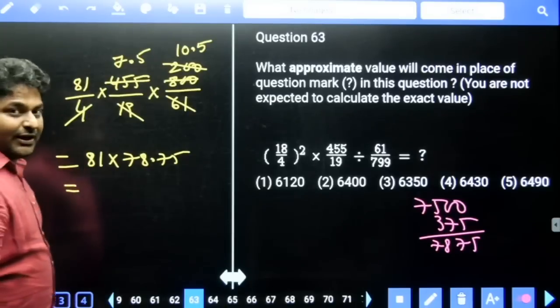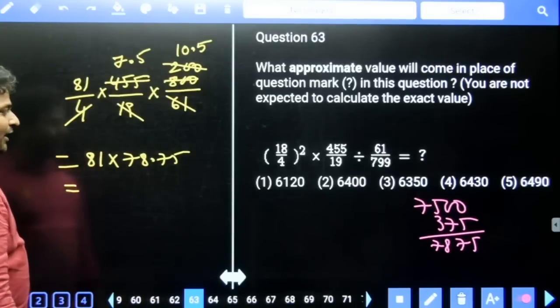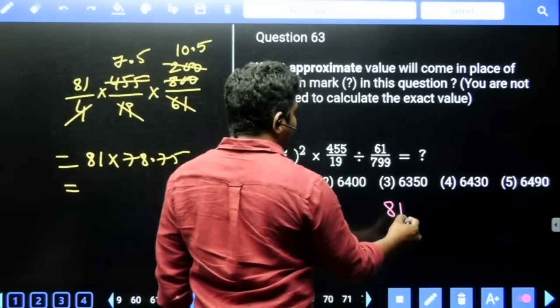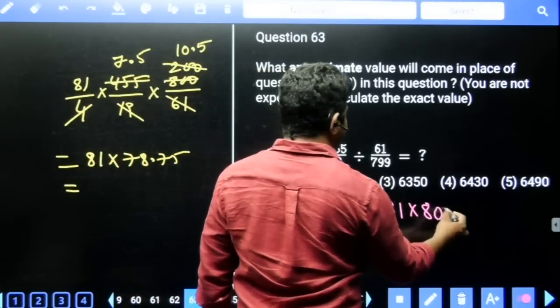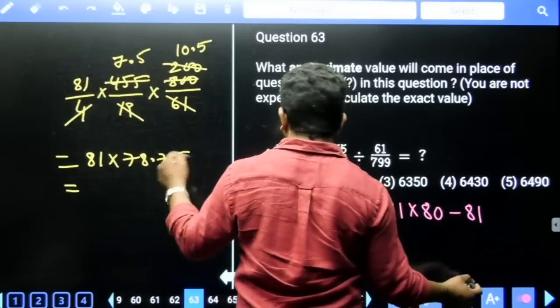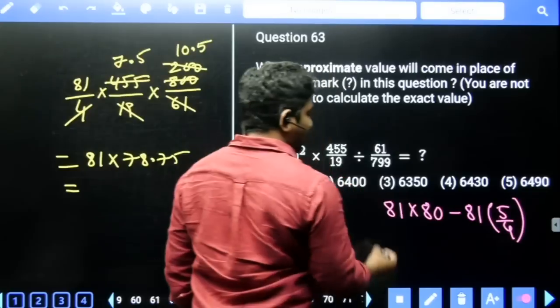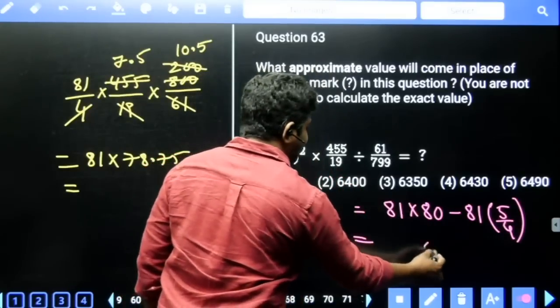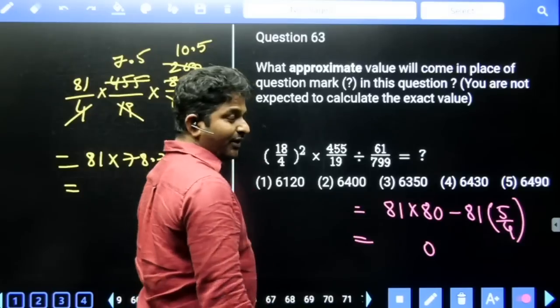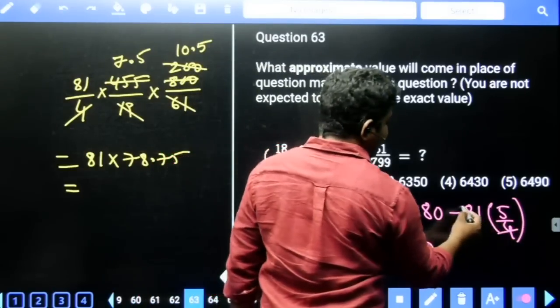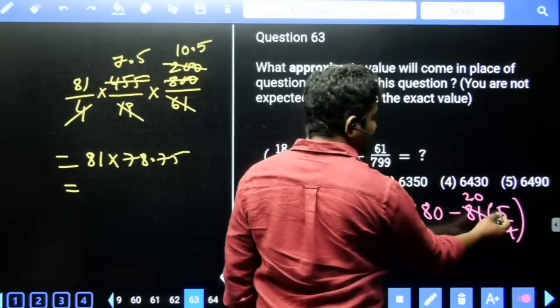81 78 times we have to calculate. Now that can be treated as 81 80 times minus 81 1.2 times, which is equal to 5 by 4. As you have 0, you'll have 0. 81 8 times 648, 1 into 8, that is equal to 648. Approximately you can treat 420 times here. 20 into 5, that is 100.